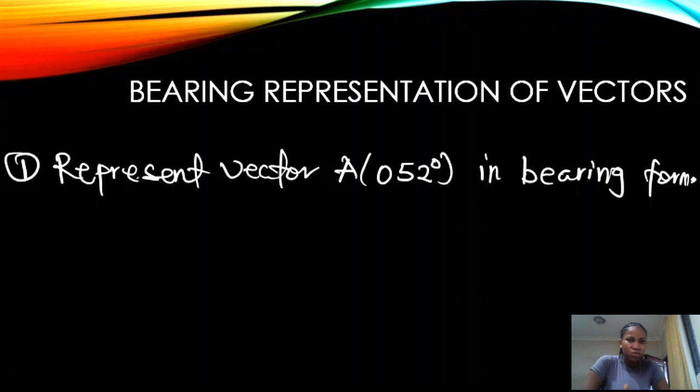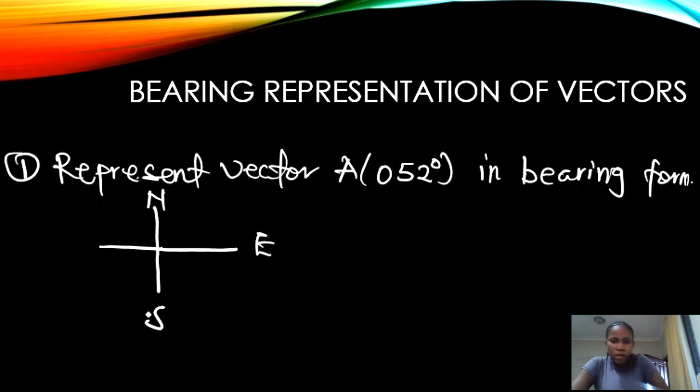So first we have to draw our cardinal points: north, east, south, west. So we are representing a vector with direction 052 degrees in bearing form.